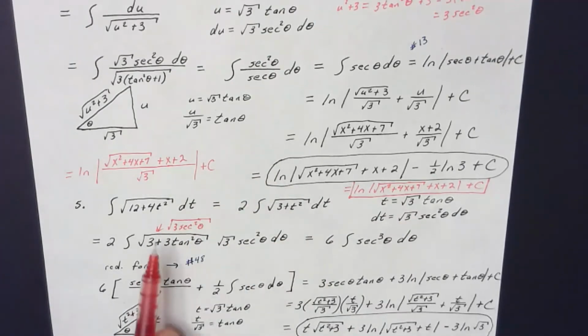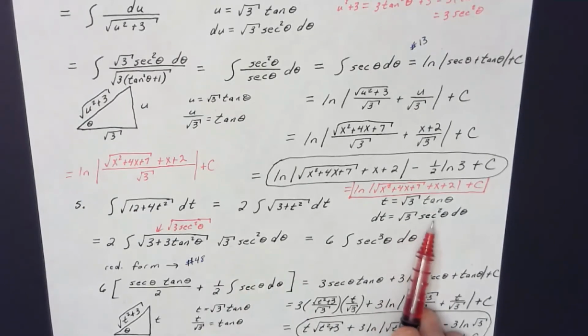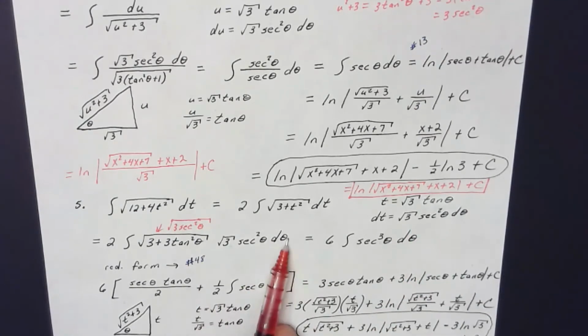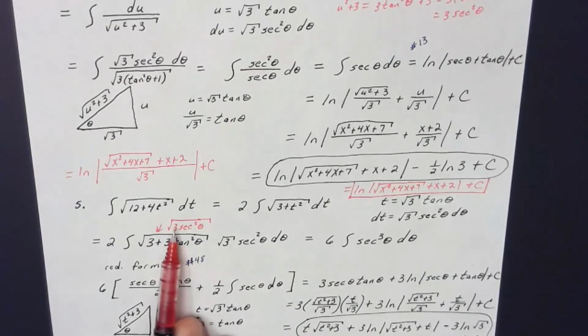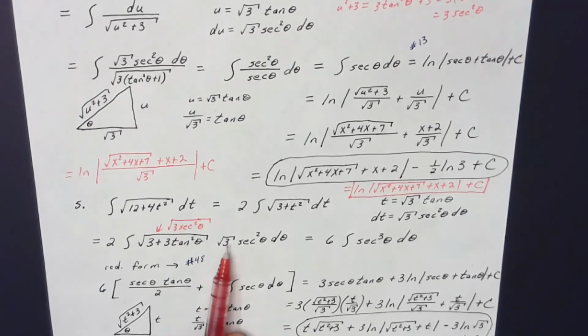So I already had a square root of 3 as a factor inside of this group, and then we had a factor on the outside as well, because the dt became the square root of 3 secant squared theta d theta there. So please notice, you have a factor of the square root of 3 times another factor of the square root of 3. Well, square root of 3 times square root of 3 is 3.